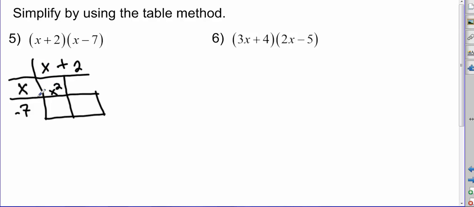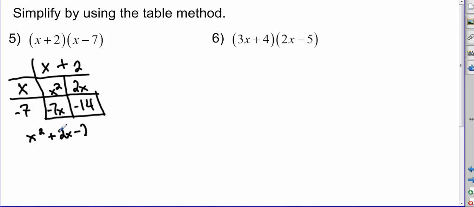So x times x equals x squared. X times negative 7 is a negative 7x. 2 times x is going to be 2x. And then 2 times negative 7 is negative 14.